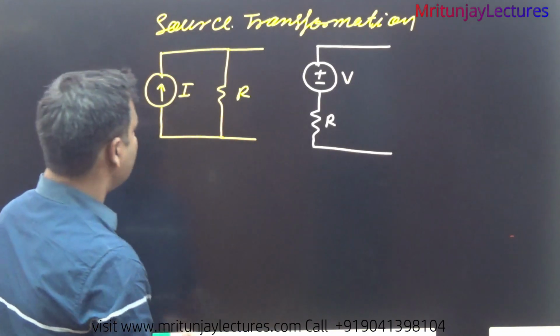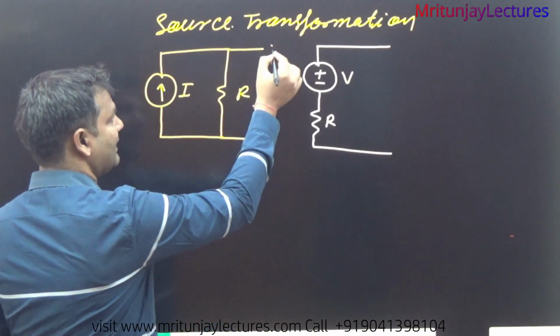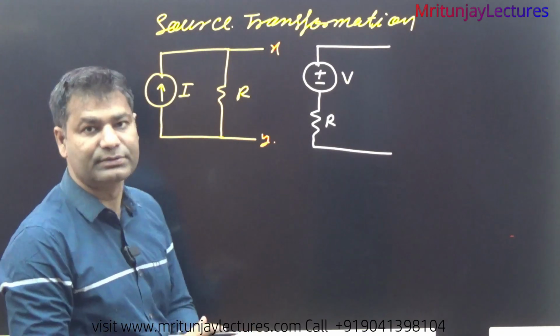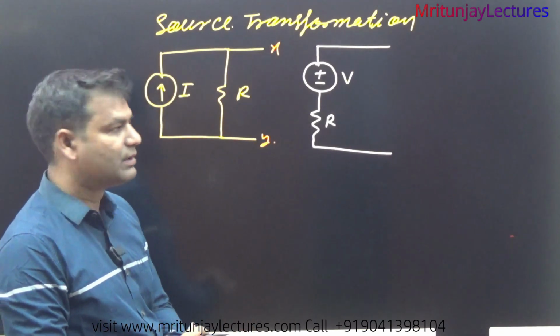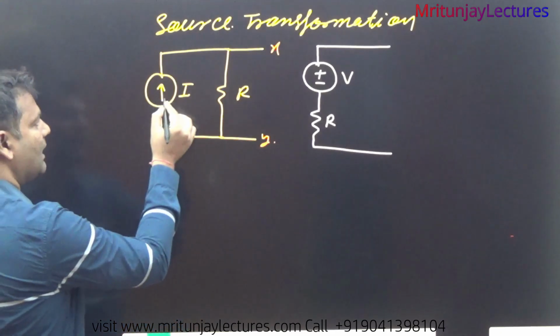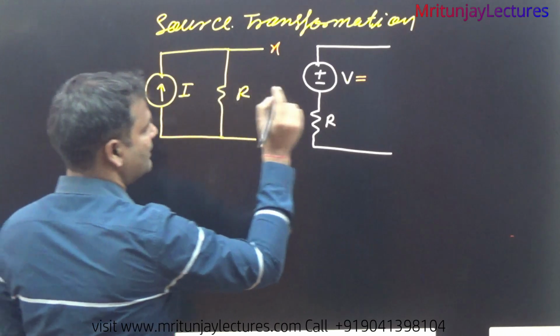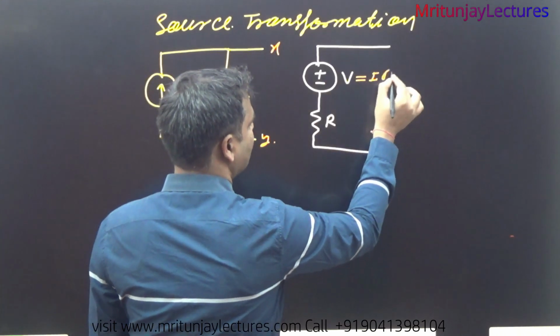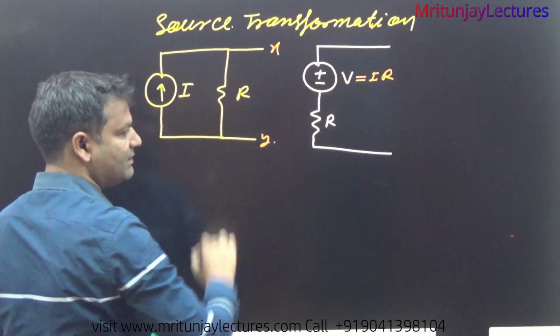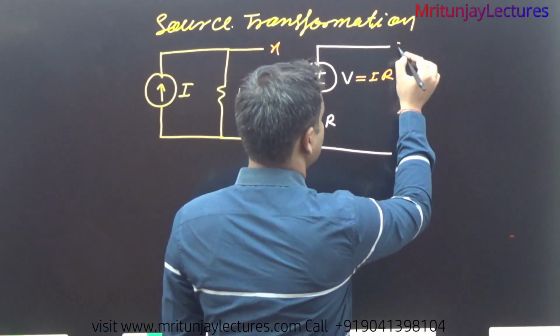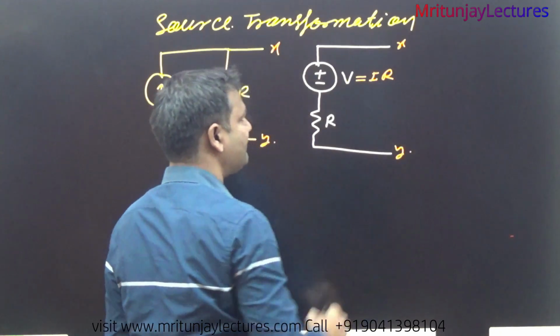Now, suppose here is terminal X and here terminal Y, and that is converted into a voltage source. How can we convert it? Simply, first write V, this is equal to I into R, and the resistance is connected in series. This is X and that is the Y terminal.